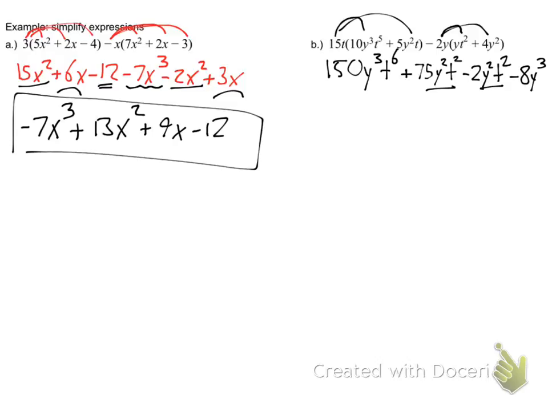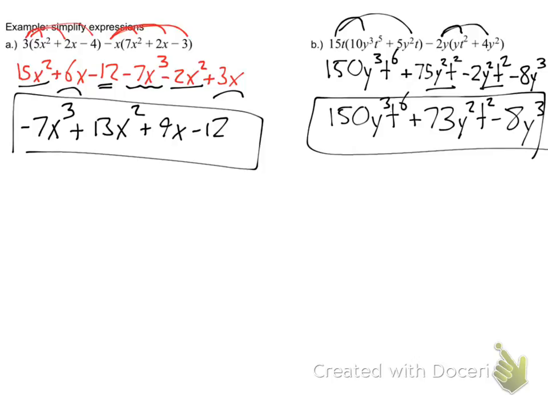They're the same thing even if I say t squared y squared, because multiplication is commutative. So, therefore, the answer is 150y cubed t to the sixth plus 73y squared t squared minus 8y cubed. Done.